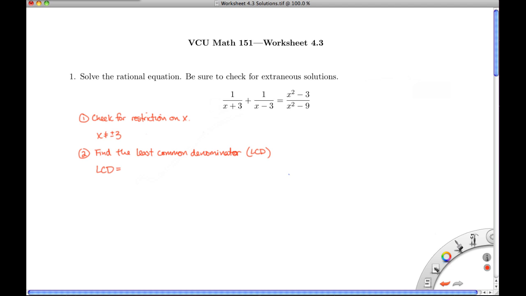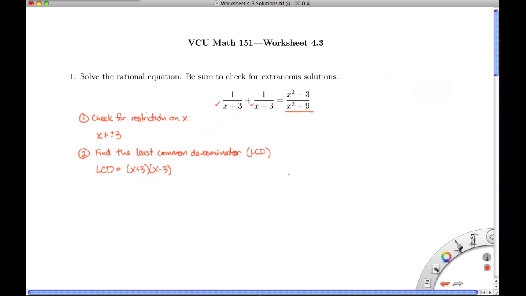So the first denominator is x plus 3. So we'll just take x plus 3. That's our first factor. So clearly x plus 3 will divide into this LCD. Now we want x minus 3 to divide into it, so we're going to add x minus 3 as a factor of the LCD. So now both of these two denominators will divide into our LCD. So the last one is the x squared minus 9.